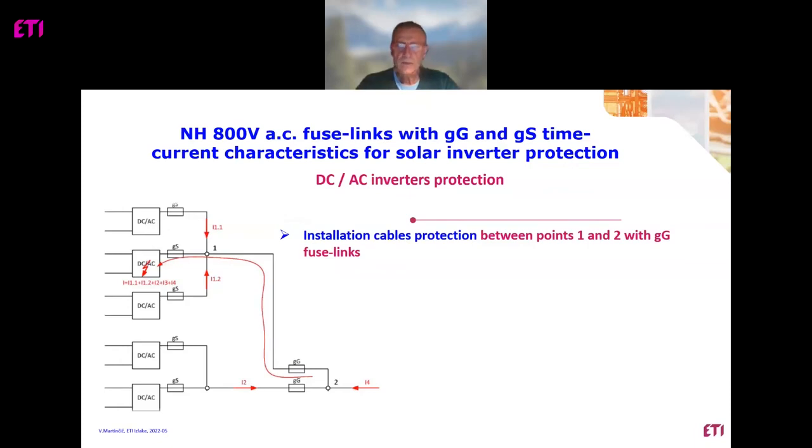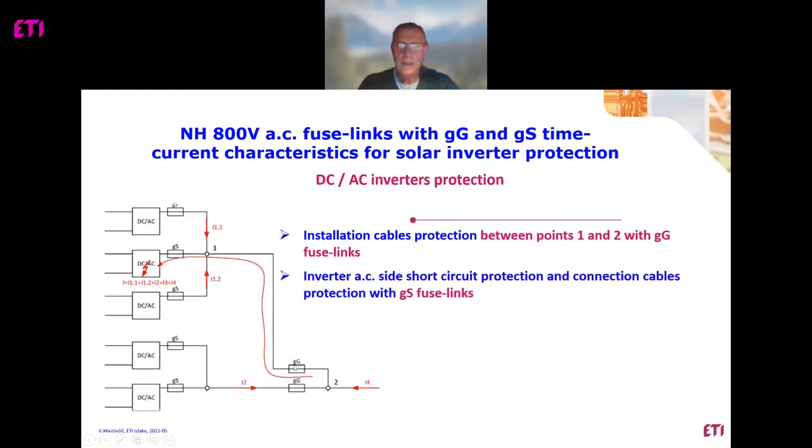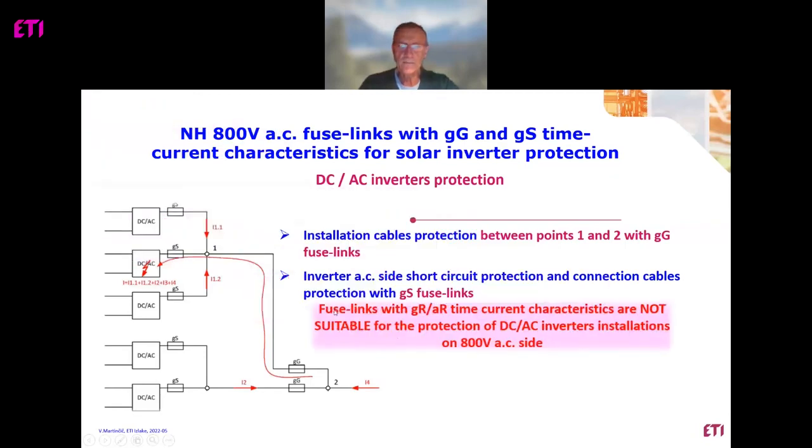Installation cables between point 1 and point 2 should be protected with fuse links with gG characteristic. It is important. Inverter AC short circuit protection and connection cables between the output of the inverter and point 1 should be protected with gS fuse links.